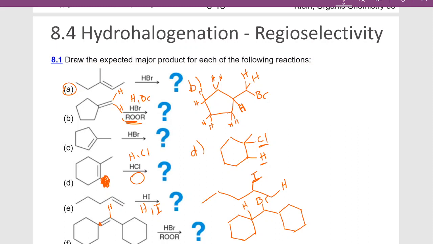So we're adding H and Br. When we do anti-Markovnikov addition, the less substituted side, the side that had a hydrogen on it, is going to get the bromine. So we'll go ahead and draw that other hydrogen in that was already there. And the side that had no hydrogen is going to get the hydrogen.